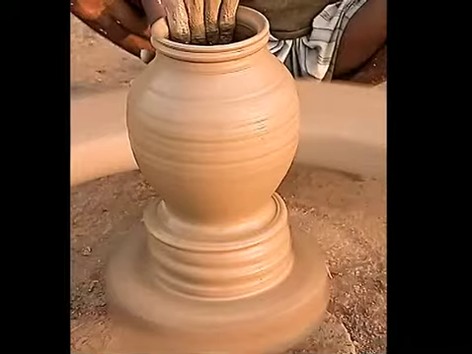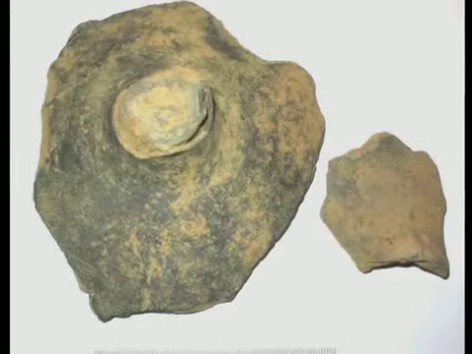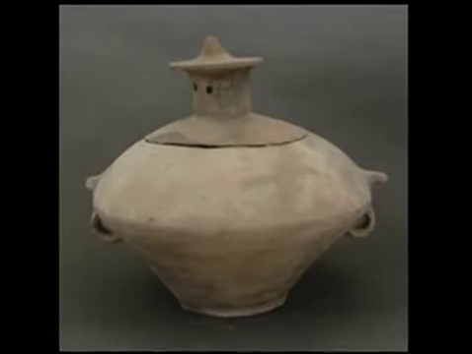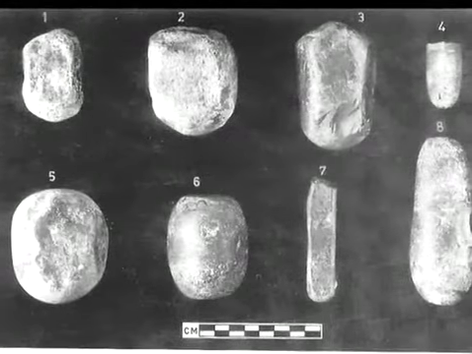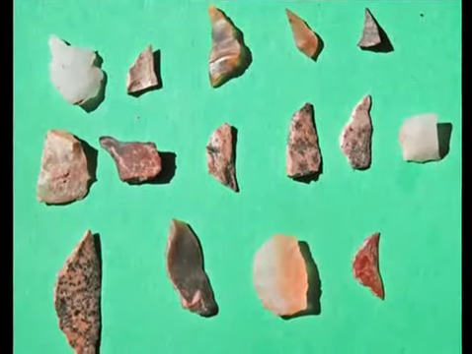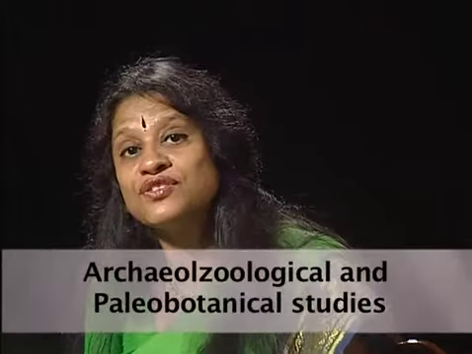We are finding handmade pottery and also some wheel-made types, rusticated ware, burnished redware, greyware. Then we are finding a lot of these food processing implements like querns, mullers, hammerstones, then pounders, microliths, and definitely remains of domesticated plants and animals, which are coming out from archaeozoological and paleobotanical studies.